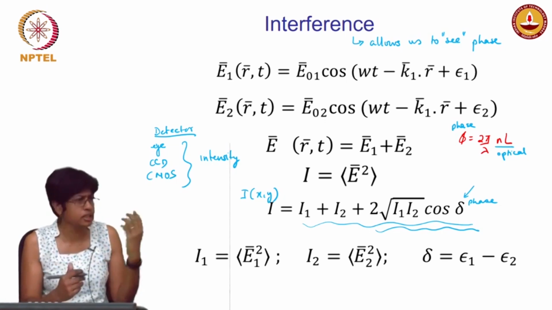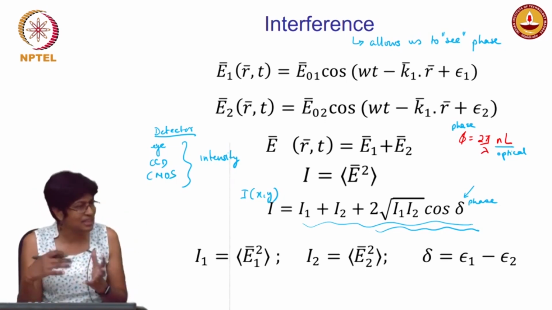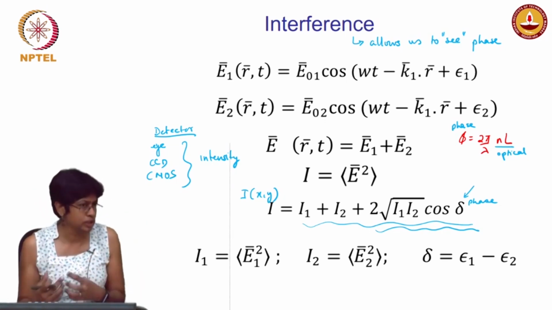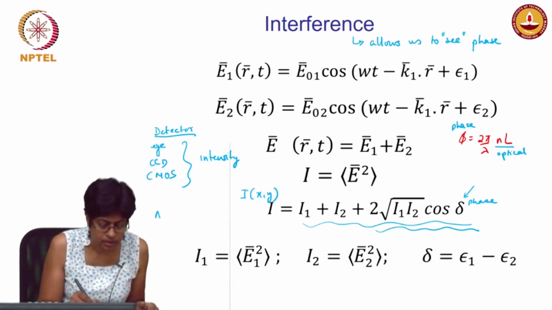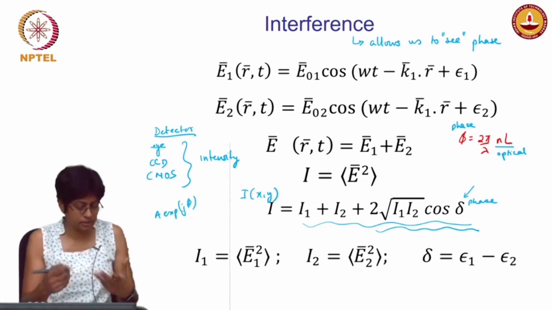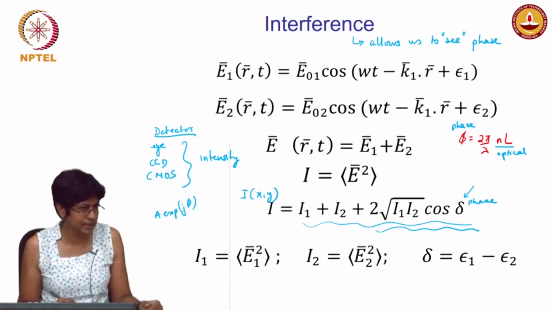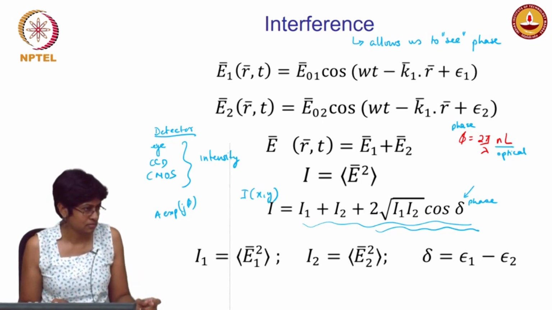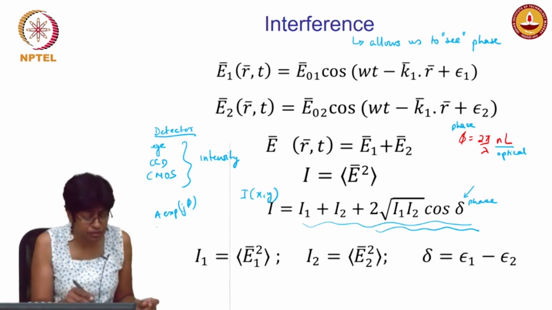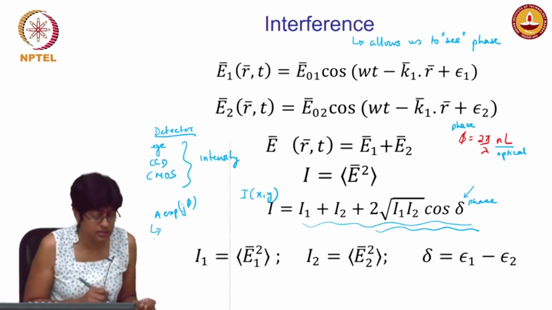Why can't I just illuminate? If I'm going to use some indirect method by which to measure phase, why can't I just take a beam which is e to the j phi, take the square of this so that I get the intensity, and extract phase directly from this?